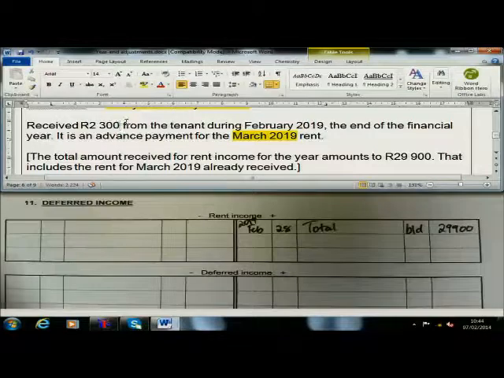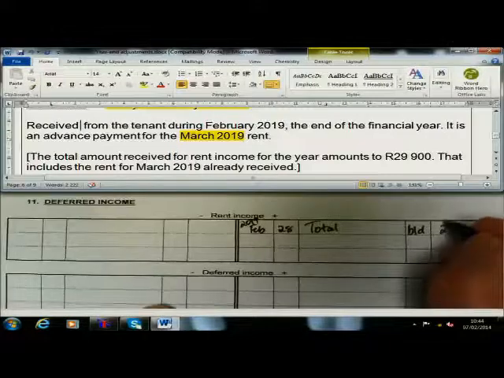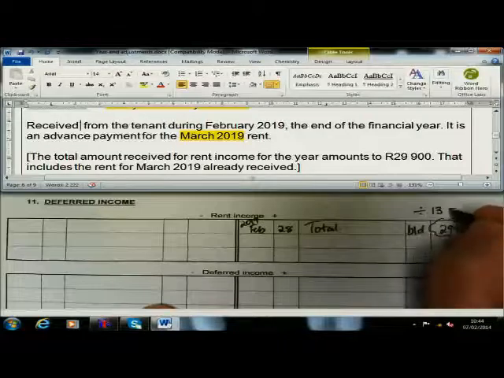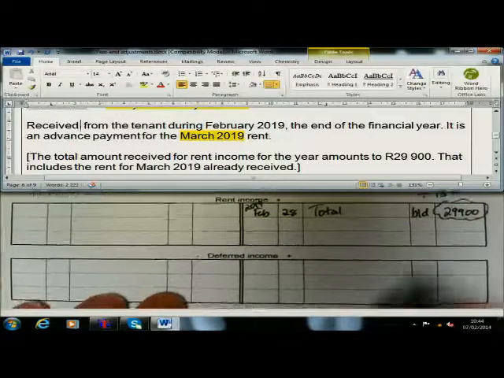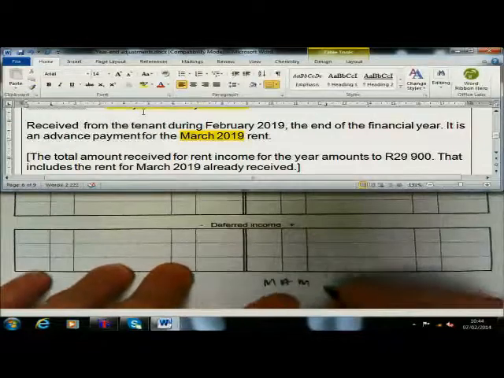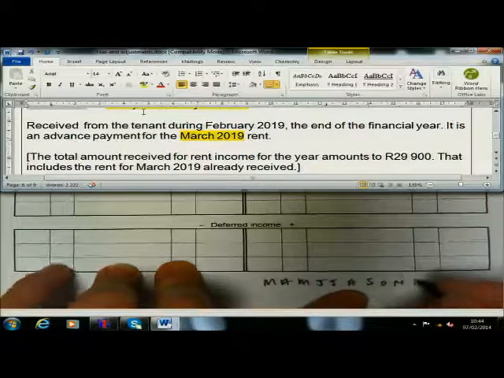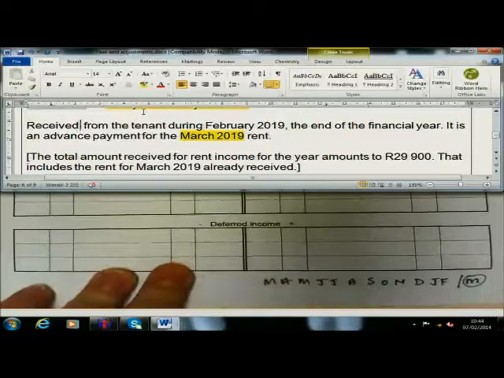What if they take out that 2,300 Rand? What if they don't give it to you? Then you take this amount and divide it by 13. Why 13? Because we've got our whole year, March, April, May, June, July, August, September, October, November, December, January, February, end of the year, and March.